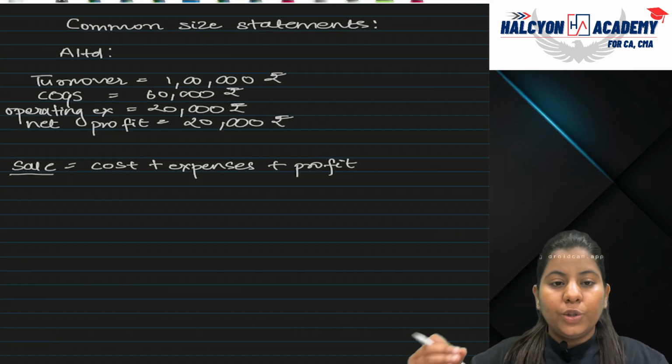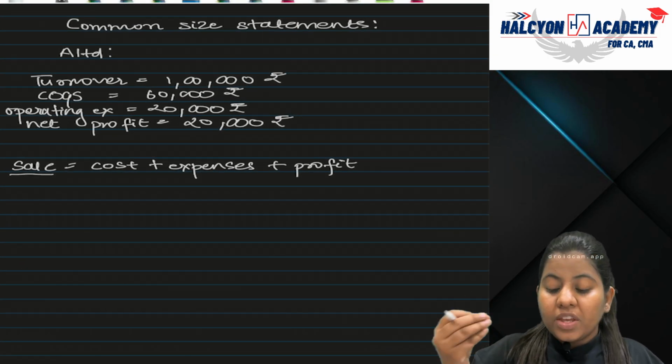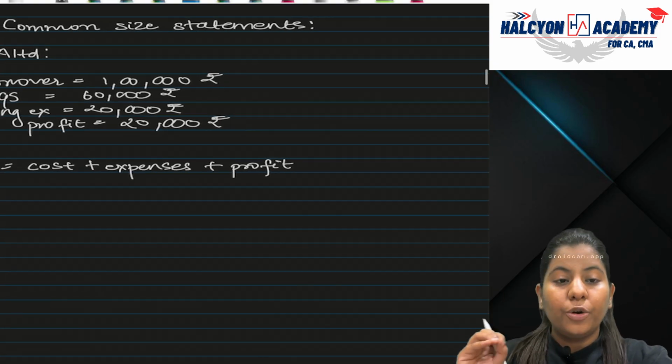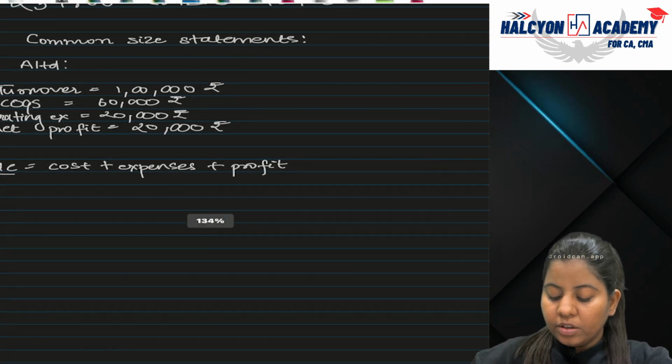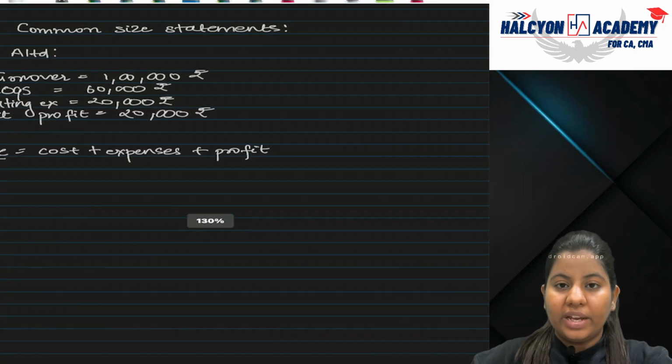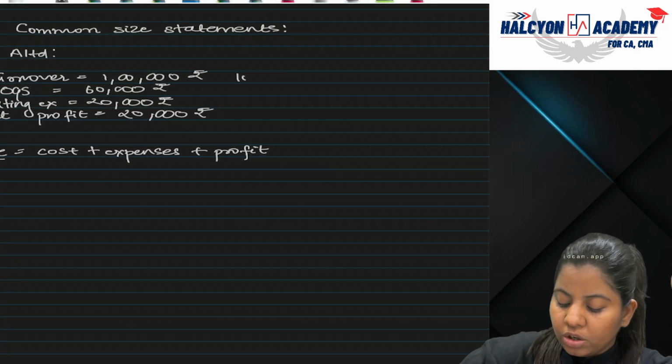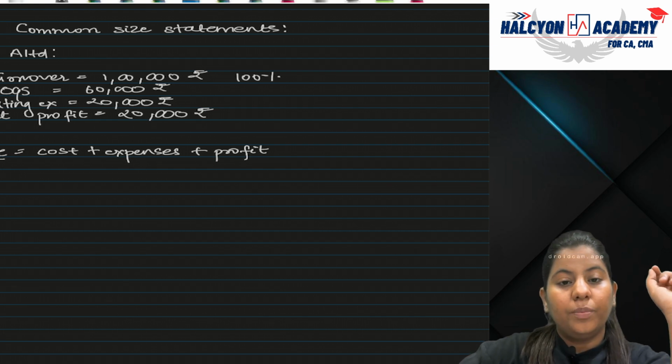So as I told you, if income statement will be given, we will take turnover as base. So here also we are going to take turnover as base. So if we will take turnover as base, it will be 100%. I told you, whatever we are taking as base, it will be 100%.